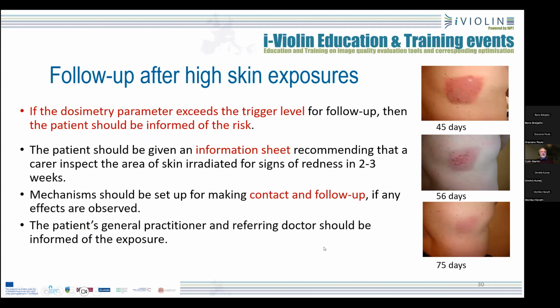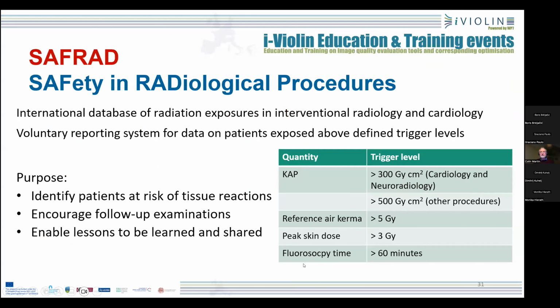So if the trigger level is exceeded, then perhaps they should be given an information sheet. They could be contacted and followed up to check there haven't been any effects observed, and the patient's general practitioner and referring doctor should be informed of the exposure.